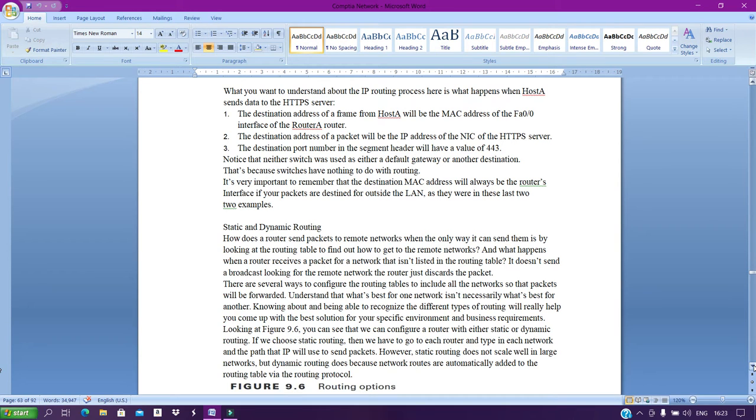The destination address of a frame from host A will be the MAC address of the FA0/0 interface of router A. The destination address of a packet will be the IP address of the NIC of the HTTPS server. The destination port number in the segment header will have a value of 443.